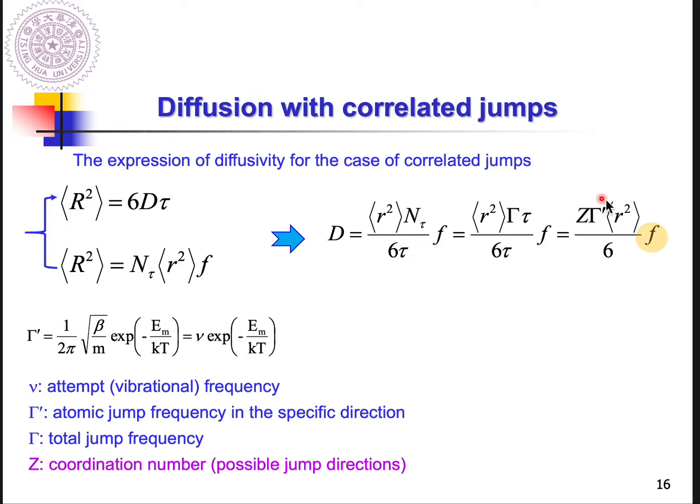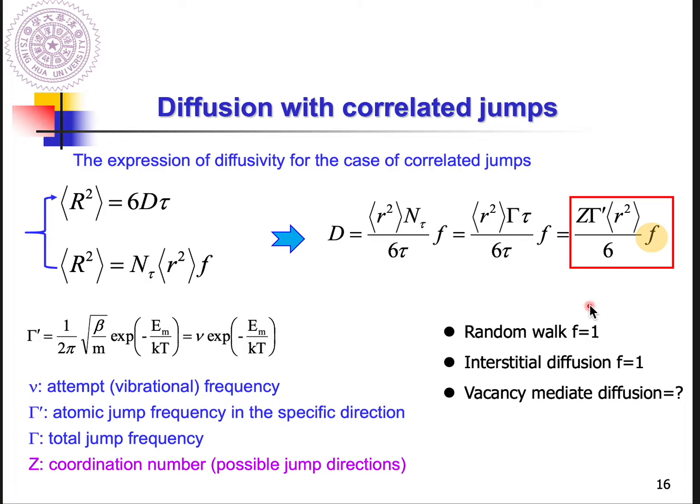And don't forget the total jump rate, what do you need to consider? How many atomic jump rates in specific directions, and you times the possible jump distance, Z, then you get the total atomic jump rate. Then F is a correlation factor. So don't forget, if F equals 1, that means a random walk, right?